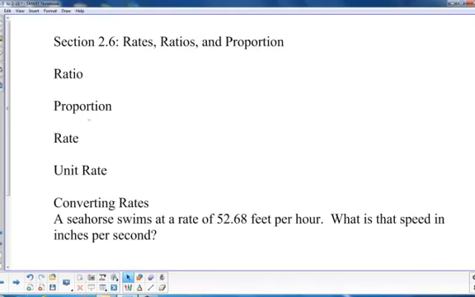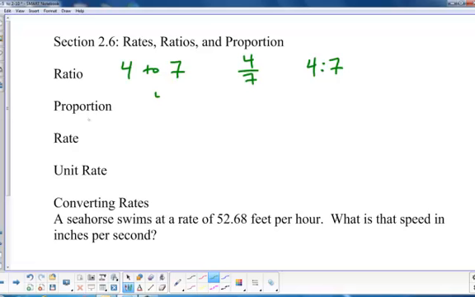All right, we're going to talk a little bit about vocab. So a ratio is something like 4 to 7, also known as 4 over 7, also known as 4 to 7. Those are all ratios. Proportions are something like 4 over 12 equaling 5 over question mark.